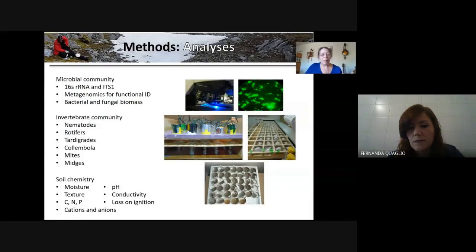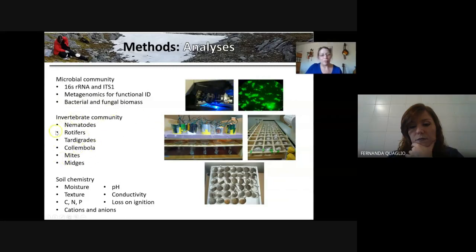So we collected about 500 samples, and on each of those samples, we measured a comprehensive set of biotic parameters across taxa. So we looked at the microbial community, we did sequencing for bacteria, archaea, and fungi, metagenomics for functional identification, as well as the biomass of those 2 groups using epifluorescent microscopy.